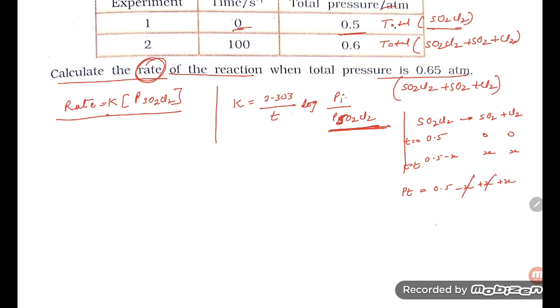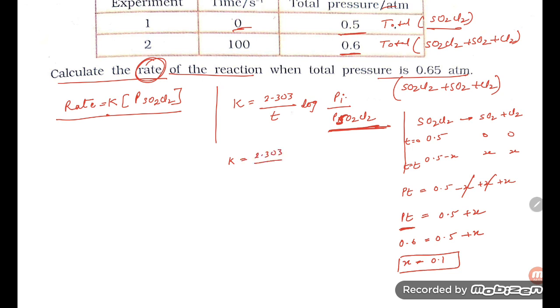So plus and minus cancel out, so P total is equal to 0.5 plus x. P total has been given as 0.6, so 0.6 equals 0.5 plus x. So x is equal to how much, students? 0.1.